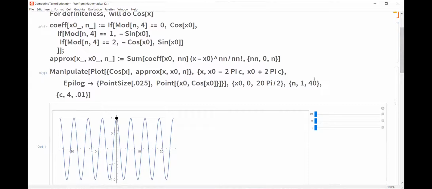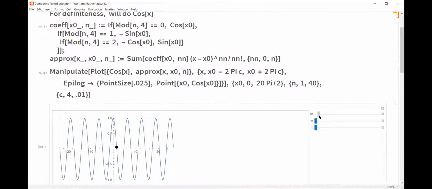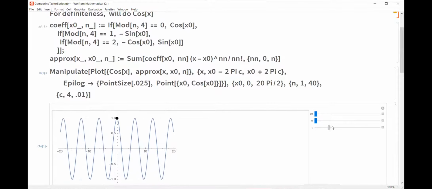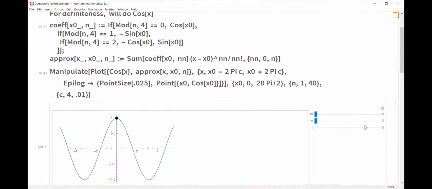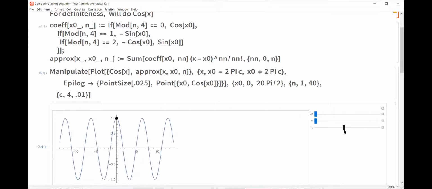So we're doing cosine of x. And here I have x naught, n, and c. So x naught is the point that I'm looking at. So as you look over here, you should hopefully see a giant dot moving. That's the point I'm going to look around. C allows me to zoom in and out. So when I look at cosine, how big of a window do I need to look at to understand cosine?